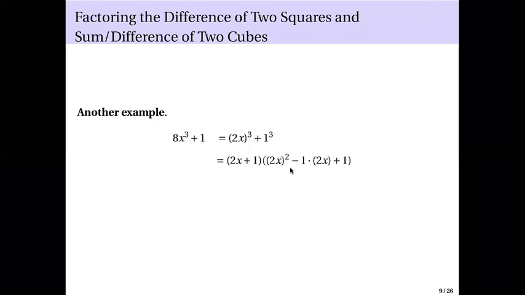Then since this is plus, you have minus in here. And then you multiply the two guys, 1 times 2x. And plus the square of this, that's why you have 1 in here. If you simplify this, you will have 2x plus 1 times 4x squared minus 2x plus 1.